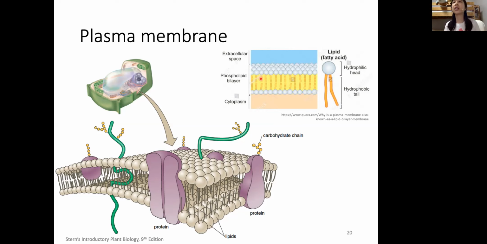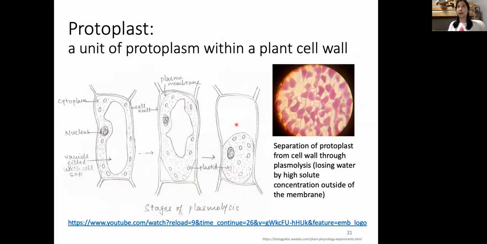So the major component of plasma membrane is the lipid bilayer. Everything else like proteins or carbohydrate is just an addition. And right here, I want you to take a look at the plasma membrane, which is a unit of protoplast, which is a unit of protoplasm within the plant cells.